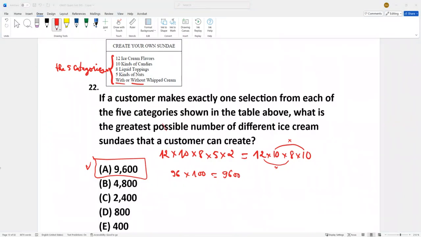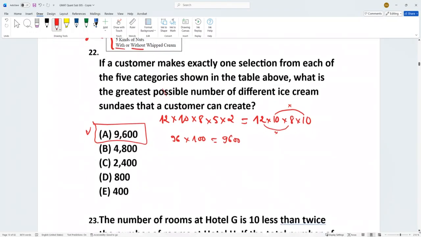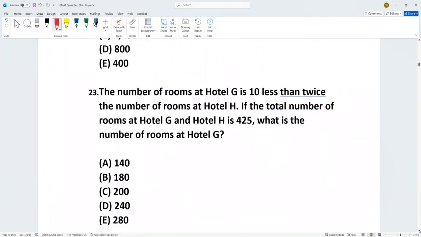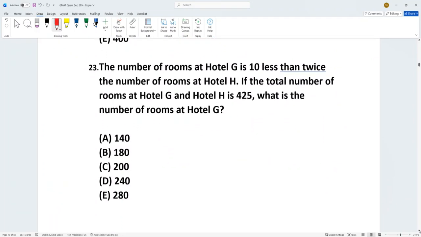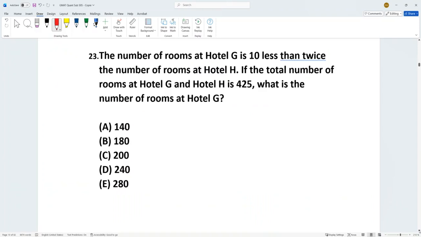Okay, so let's jump to question number 23. Our next question says the number of rooms at Hotel G is 10 less than twice the number of rooms at Hotel H. If the total number of rooms at Hotel G and Hotel H is 425, what is the number of rooms at Hotel G?